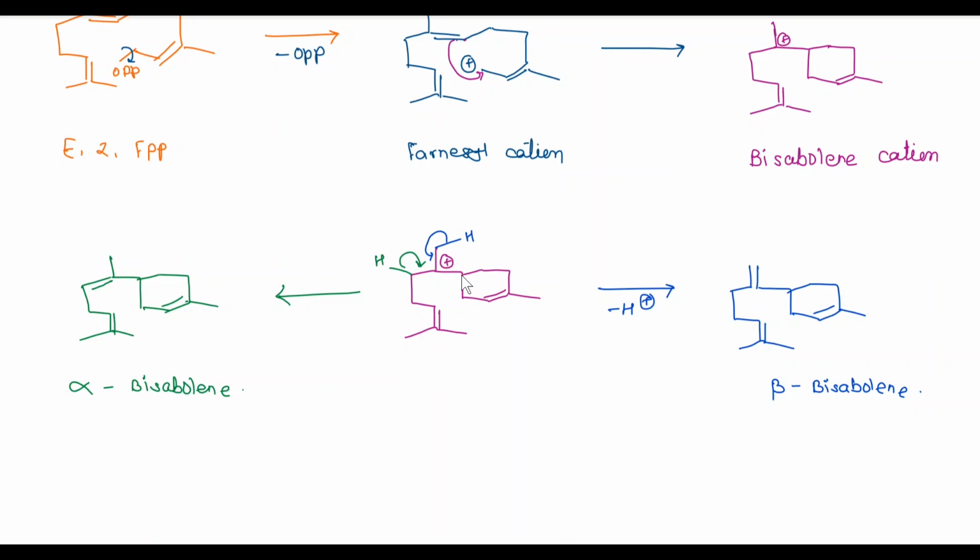And if you lose this proton, here minus H plus, then we get a double bond here and this is called gamma bisabolene. In this way, we prepare the alpha bisabolene, beta bisabolene and gamma bisabolene from the EZ FPP.